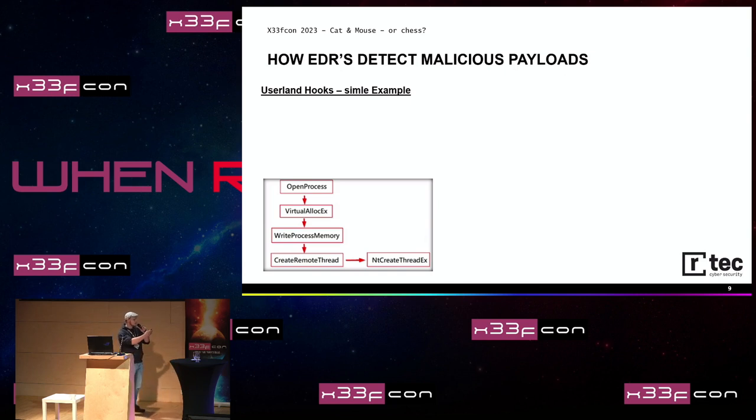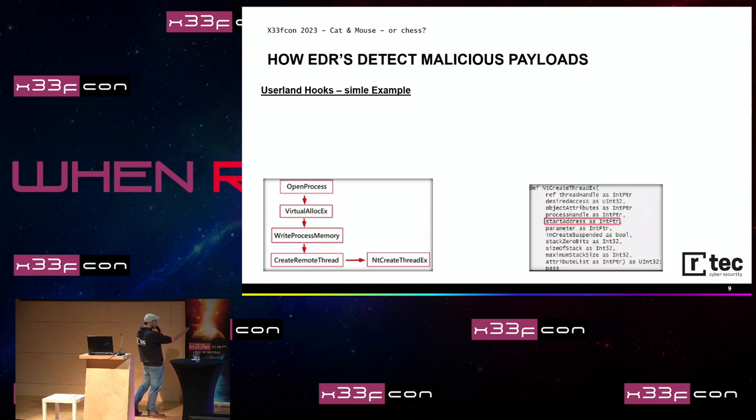Afterwards, it could actually write the malware into the remote process with WriteProcessMemory. And then it could call CreateRemoteThread to start the malware that was injected into the remote process. And CreateRemoteThread calls the NTDLL function NtCreateThreadEx in the very end before the execution goes into the kernelland.